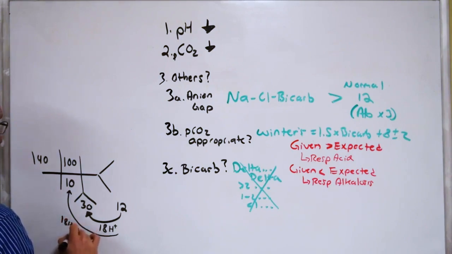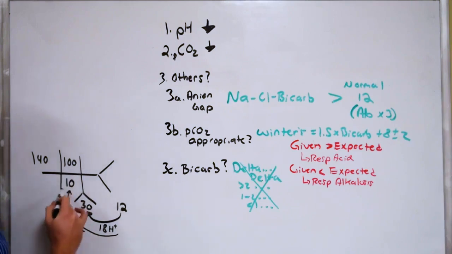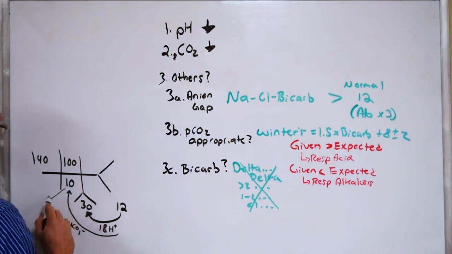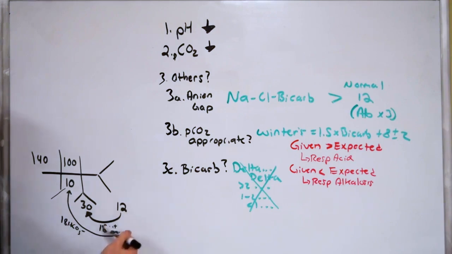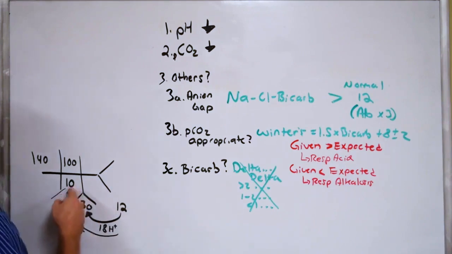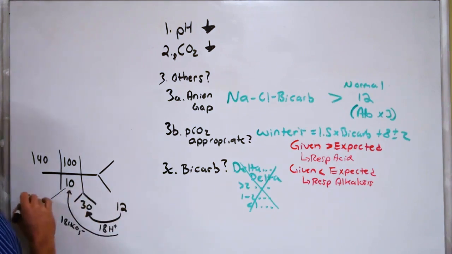It seems weird. Why would you do that? Just play along and you'll see where this goes. You take the combination of the bicarb and the amount of acid it took to get to the current anion gap, add it back to that bicarb. In this example, what we get is 28. Normal is 24.